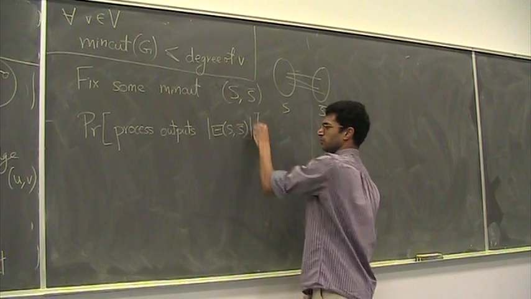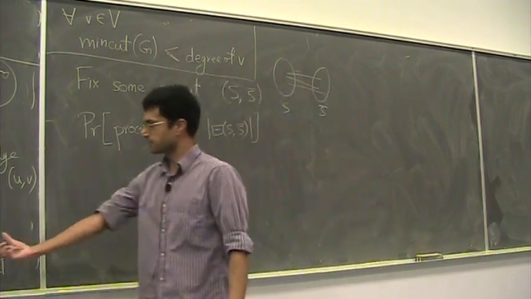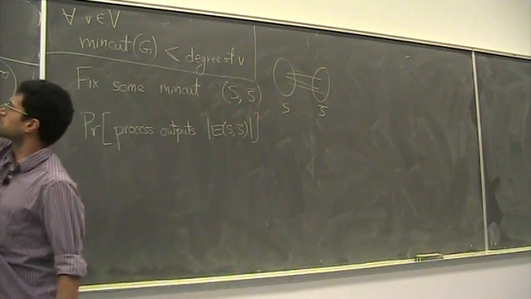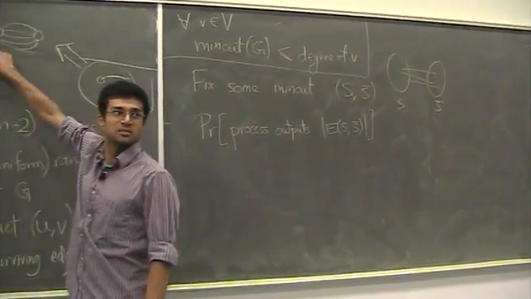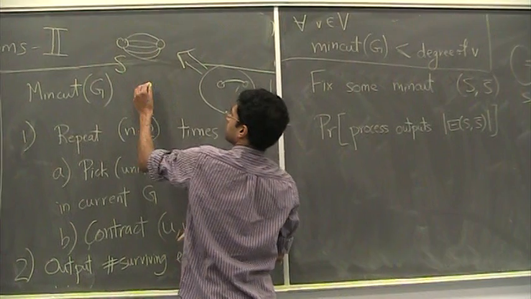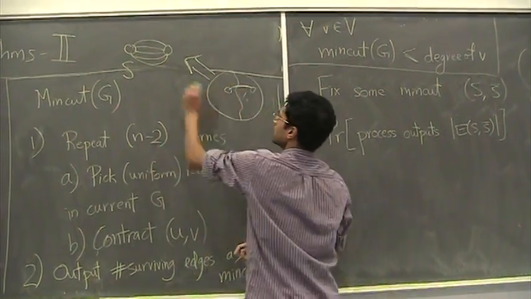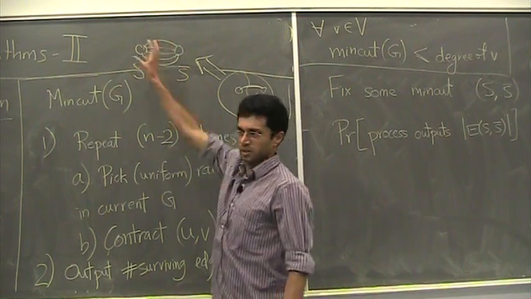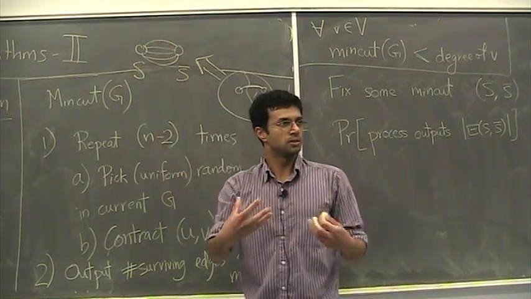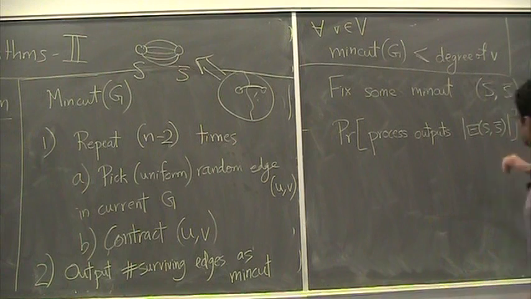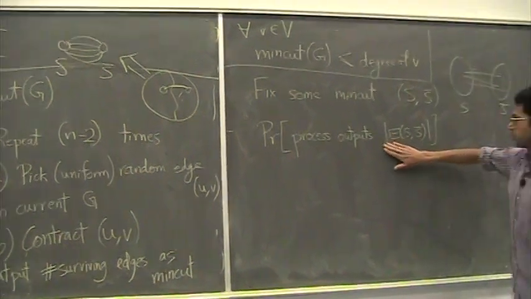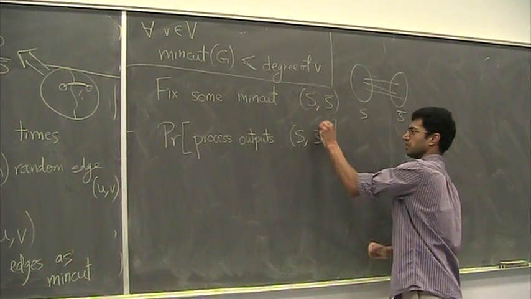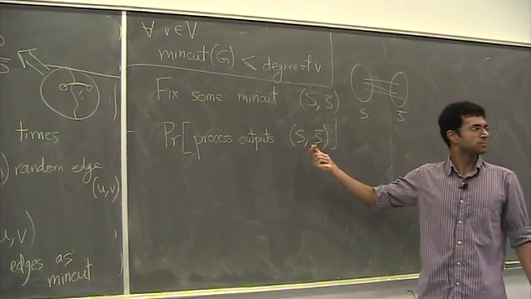Or, if you think of the 2 vertices that remain at the end, each is a specific set of vertices that got contracted to it. You could imagine outputting not just the value but the cut itself, S and S complement. So we could ask, what is the probability that the process outputs some specific Mincut S, S complement? Does that make sense?